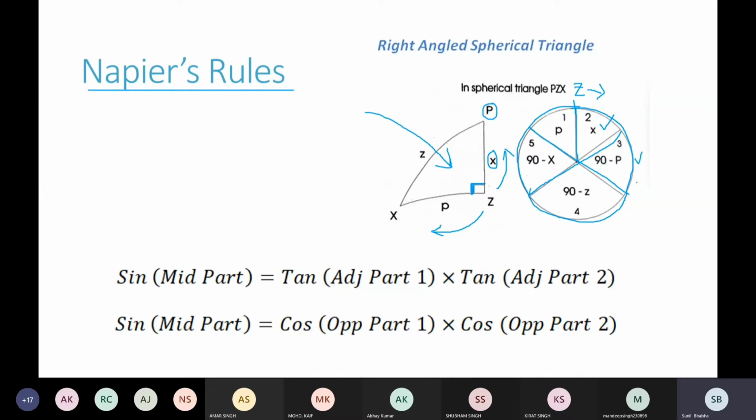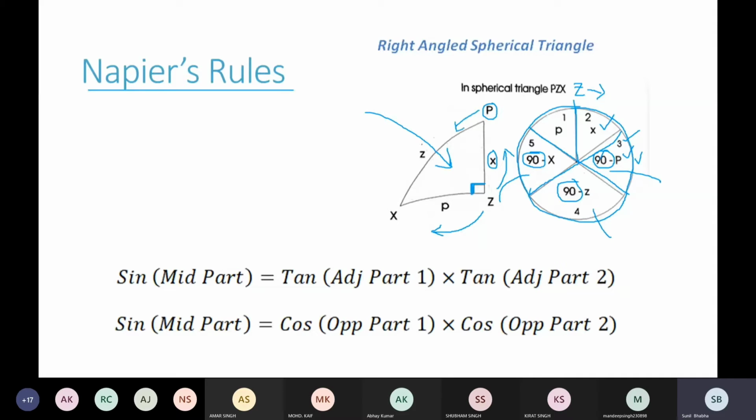Now in the bottom 3 parts, we write 90 minus, 90 minus, 90 minus, and whatever part comes next is put after this. So in part number 3 here, it is 90 minus P.